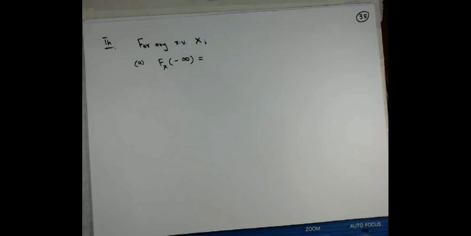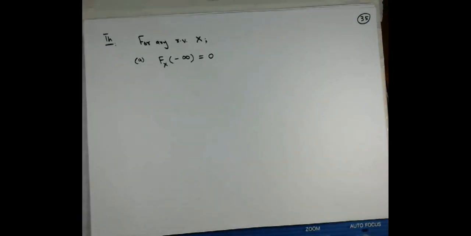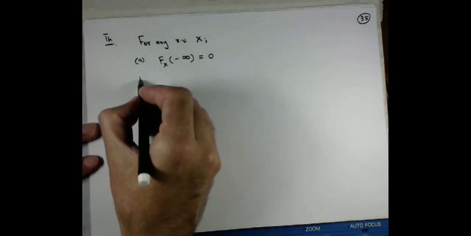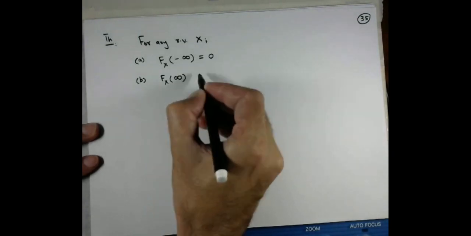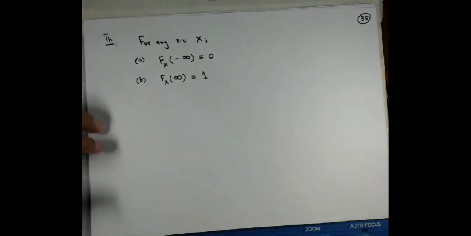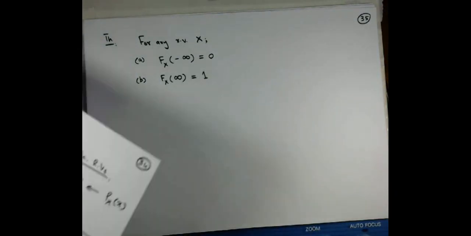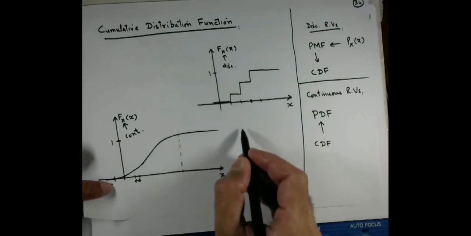Just think about it. The plot starts from 0 at some point on x, and beyond that on the negative axis till minus infinity, it obviously has to be 0. B, F sub x at infinity should always be equal to 1, because you have reached the value 1 at some point on x, and beyond that you go till infinity.